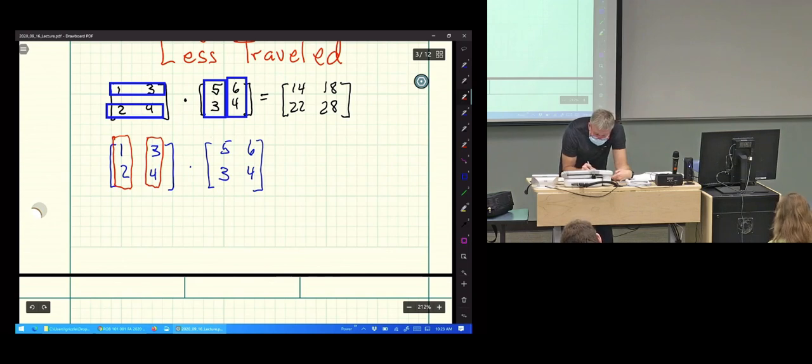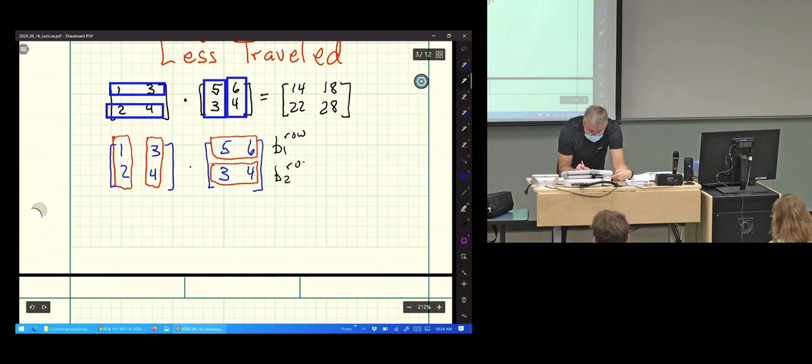And I'm going to divide this one into rows instead of columns. Yep, seems weird. So this is B1 row, and this is B2 row, and this is A1 column, and this is A2 column.